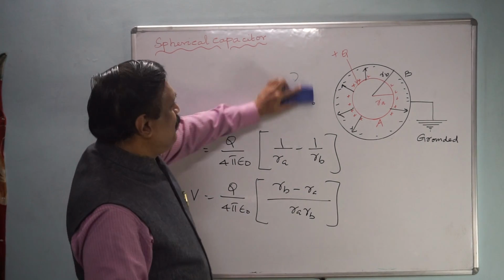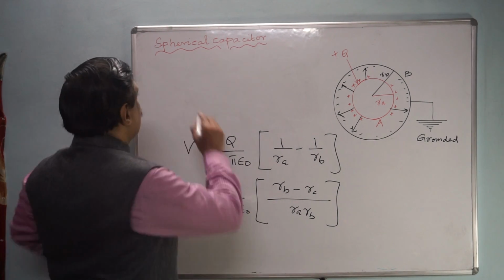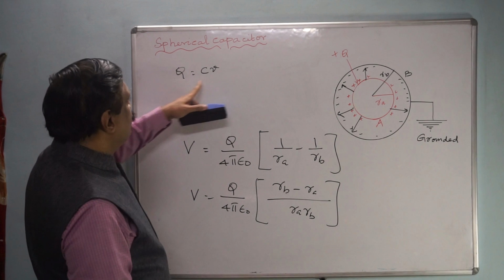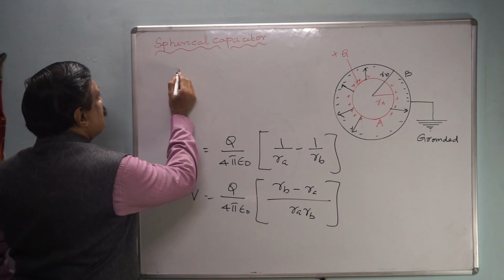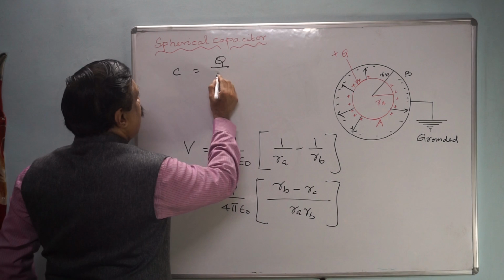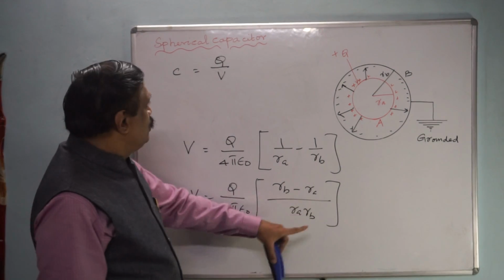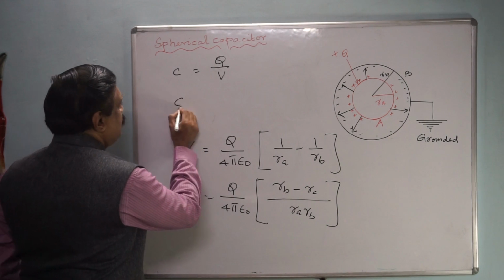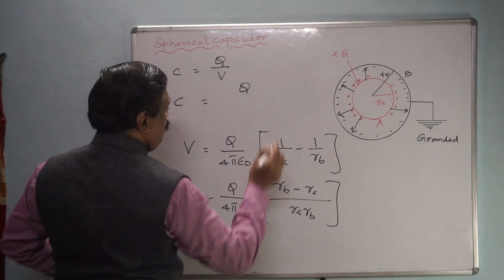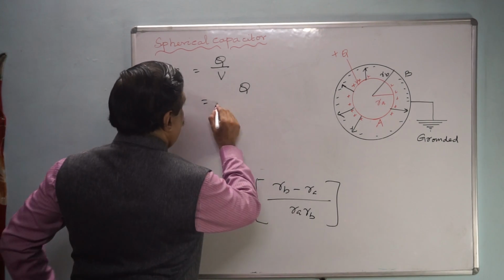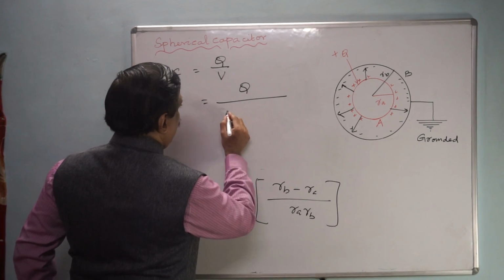Now what is capacity? Capacity: Q is equal to CV, the formula you know, or C is equal to Q by V. Now this is the potential. You substitute it here. Then C equals Q divided by this one.